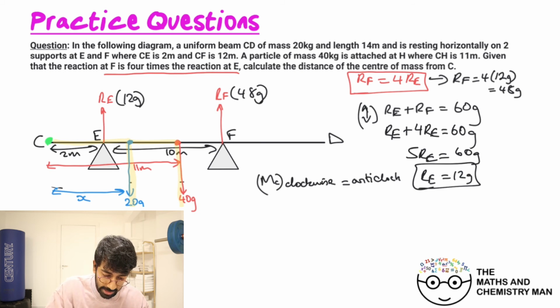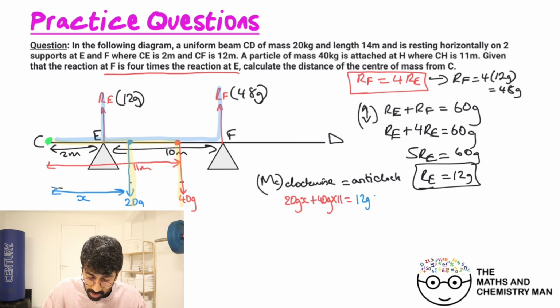So we'll have 20G times the distance, which is x, plus 40G times the distance, which is 11, equals, now in the anti-clockwise direction, RE and RF. So RE was 12G times 2 plus, and RF is 48G times 12.